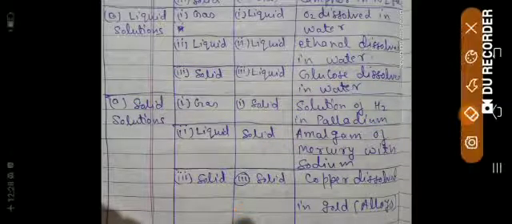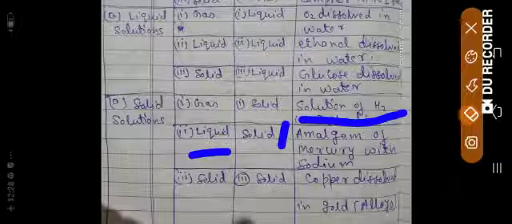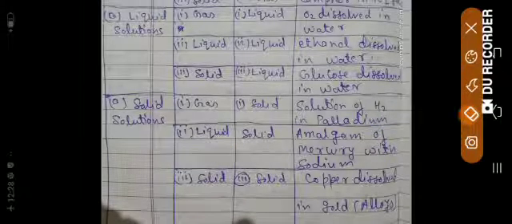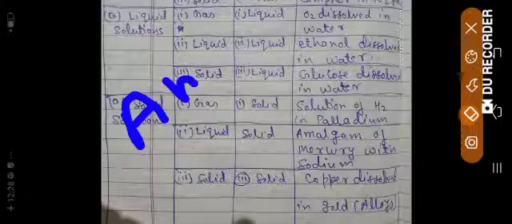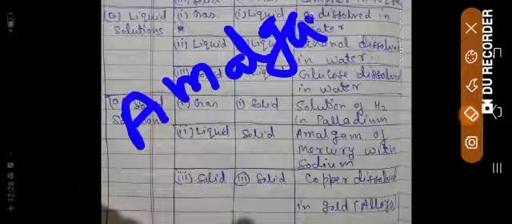Now come to the next part. Next part is solid as a solvent and liquid as a solute. Amalgam. What is amalgam? Any alloy of mercury, students. I am going to tell you, this word should be familiar, it will come so many times in organic chemistry.